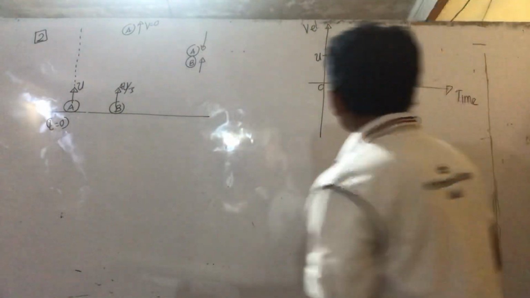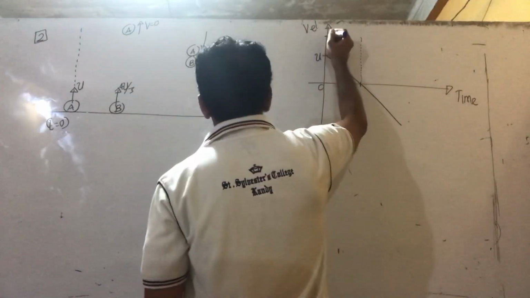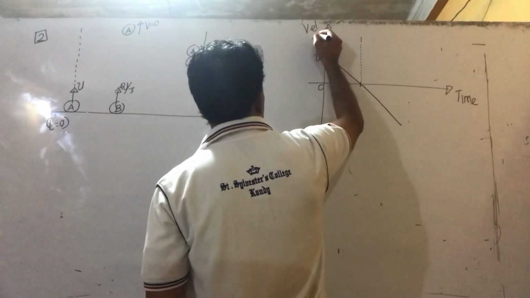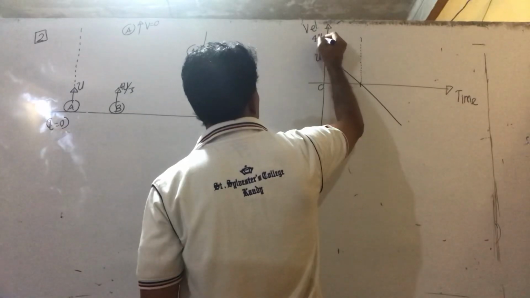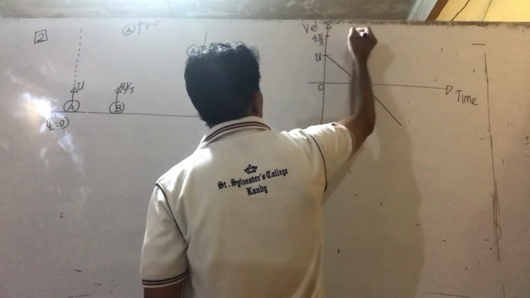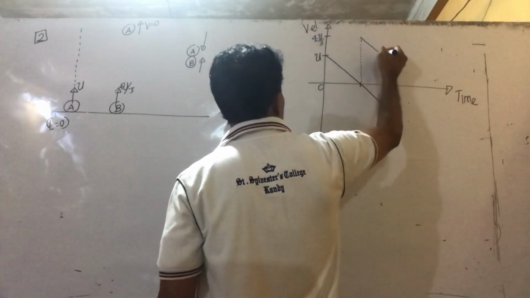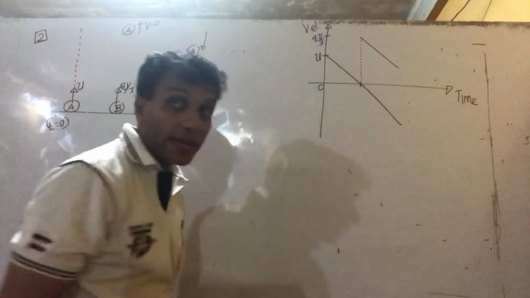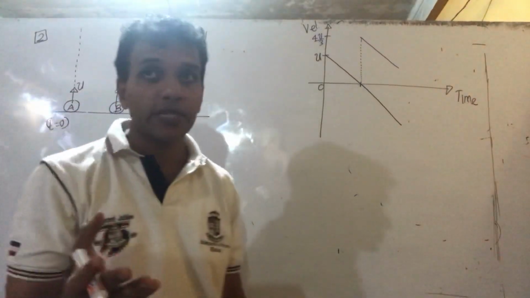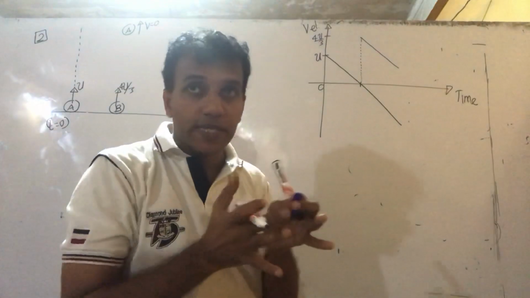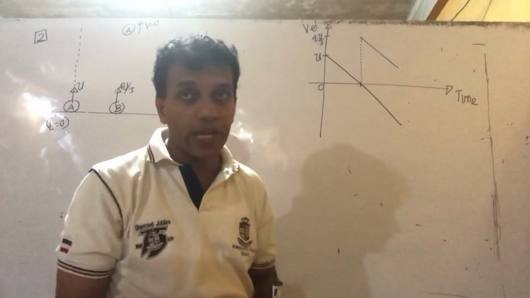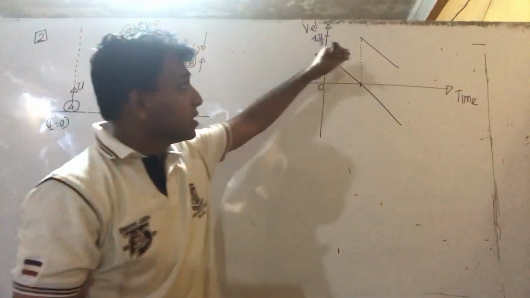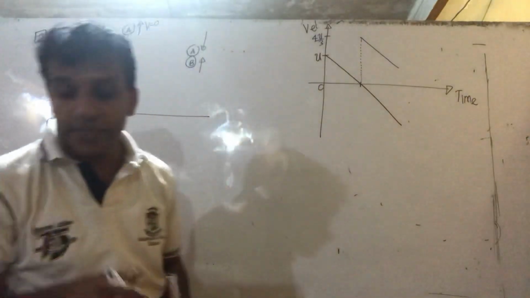So if I mark its speed 4u over 3 here, it moves like that. Both lines are parallel, because tan theta is the same: both have the same retardation in upward motion. This is the complete first part of the answer.